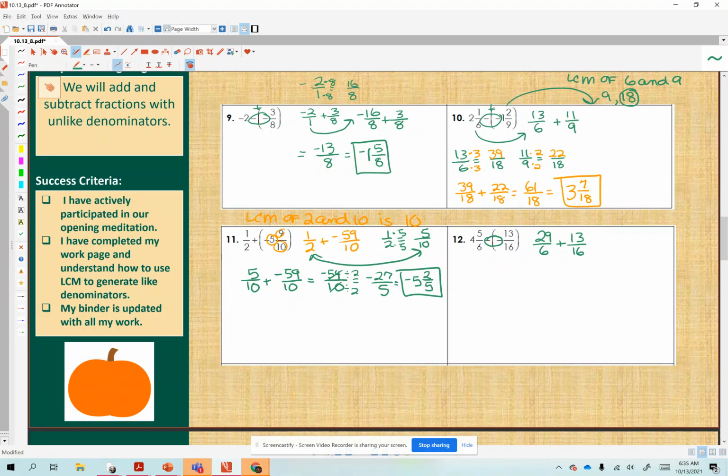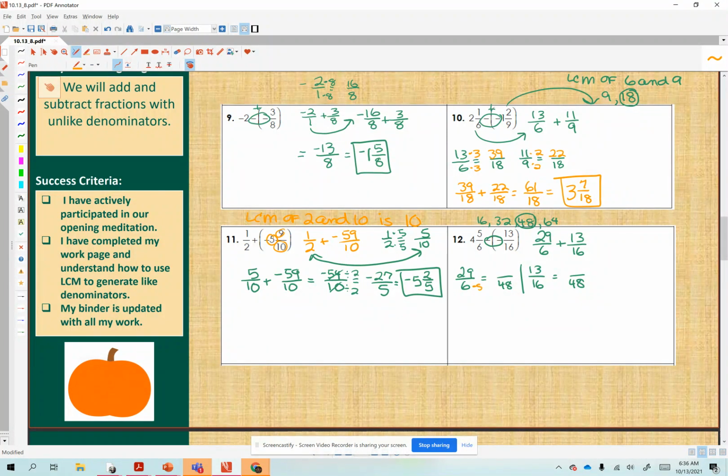So multiples of 16 are 16, 32, 48, and 64. Well, 48 is also a multiple of 6. So we're going to convert our denominators to 48ths. So 29 over 6 to 48ths, and 13 over 16 to 48ths.